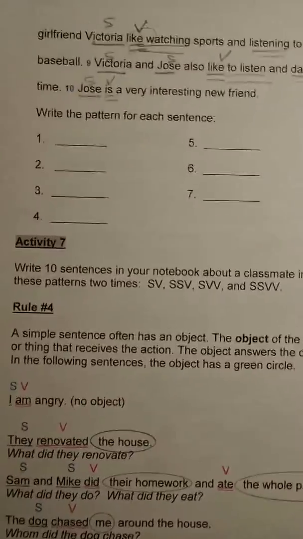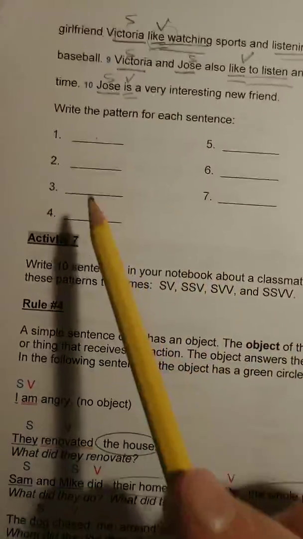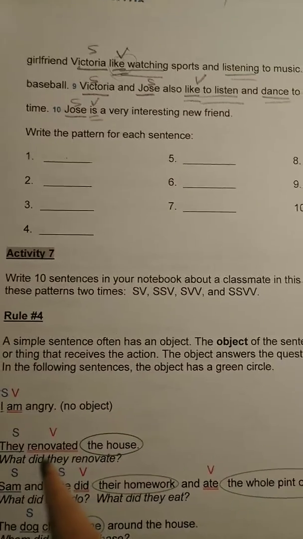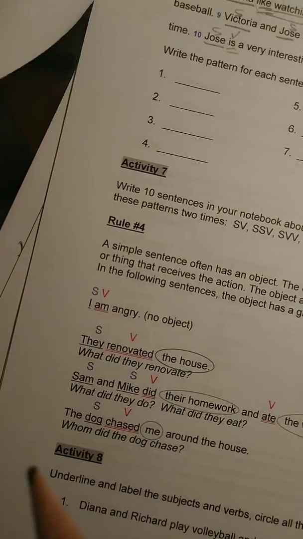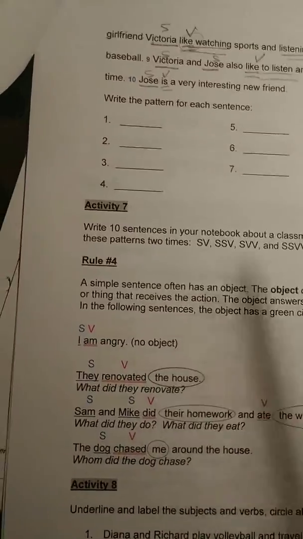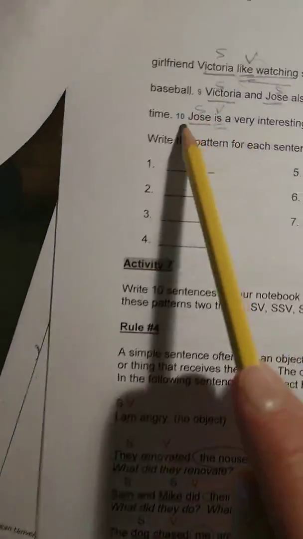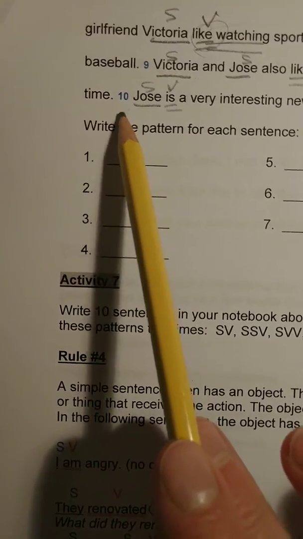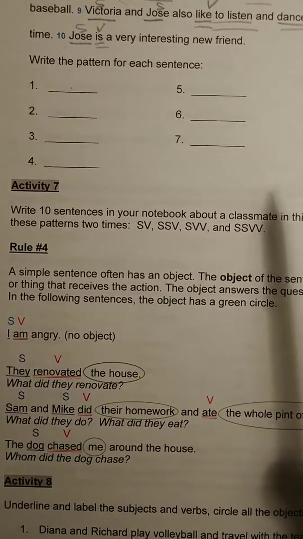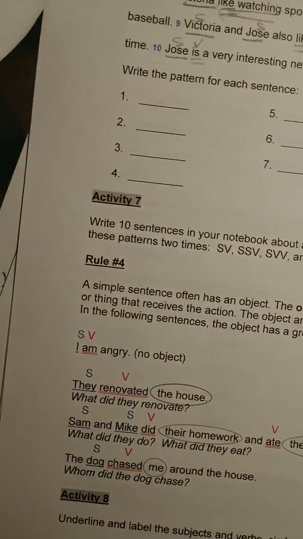After that, we can write the pattern, but since I am holding my phone, I cannot write the pattern here and toggle back and forth between this page and here. So hopefully you can do the pattern. What's important to know, we have 10 sentences. The sentences are numbered here, and we have 10 blanks for you to write the pattern in.